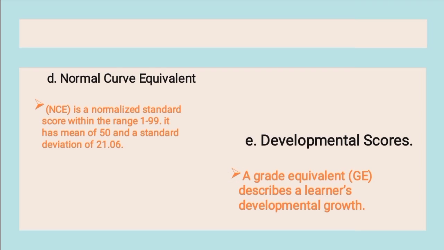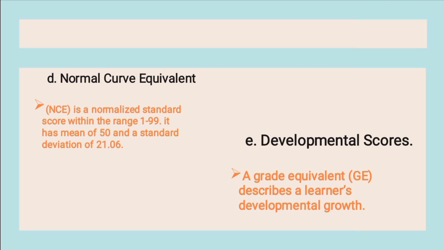In addition, NCE scores are a method of reporting test scores. They range from 1 to 99 with a mean of 50, similar to percentiles. However, unlike percentiles, NCE scores maintain equal intervals and can be meaningfully averaged and differenced.